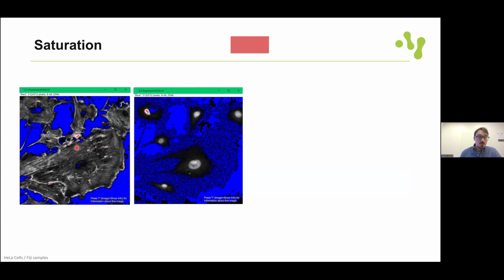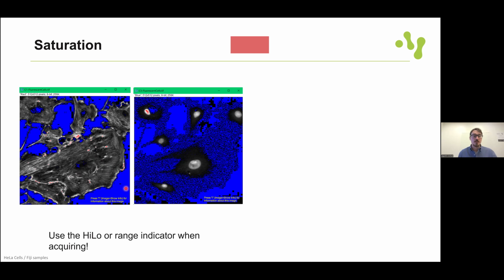Another problem could be saturation. This is when the intensity values were so high during acquisition that you cannot really say how high they were. This value could be on top of the maximum, so you don't know how much on top of that it is. So remember to use the high-low or range indicator when you're acquiring, so that you see, okay, you shouldn't be seeing the whole background blue.